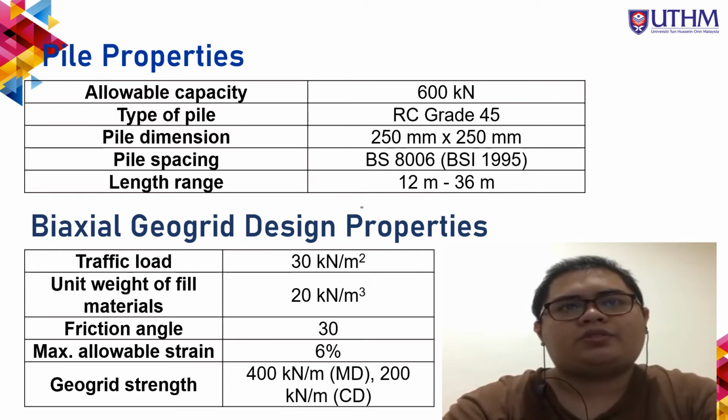This table shows the biaxial geogrid design properties with traffic load 30 kN per meter square, friction angle 30 degrees, maximum allowable strain 6%, and geogrid strength of 400 kN per meter for machine direction and 200 kN per meter for cross direction.